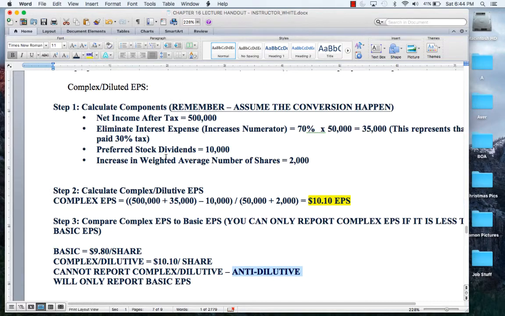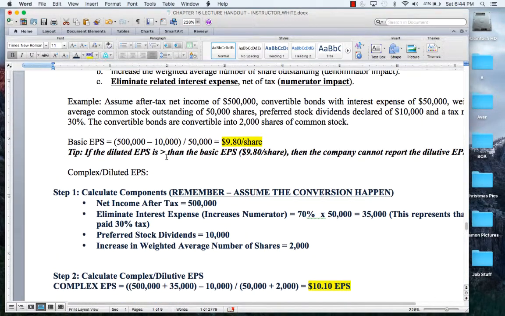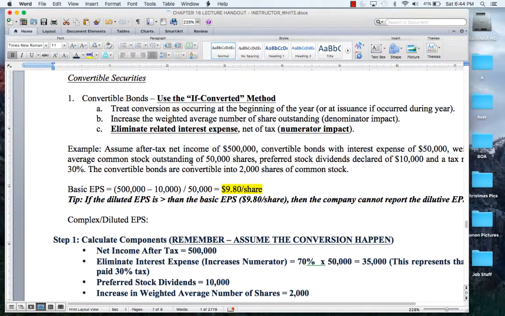So before we move on to convertible preferred stock, just to make sure you take away the key points here, you need to remember that you treat it as if it happens for convertible bonds. There are two impacts for convertible bonds on the dilutive EPS calculation. There's the impact to the weighted average number of shares outstanding, which is the denominator, that will increase.